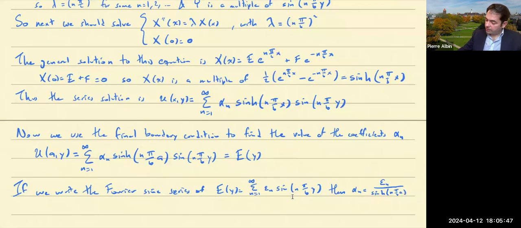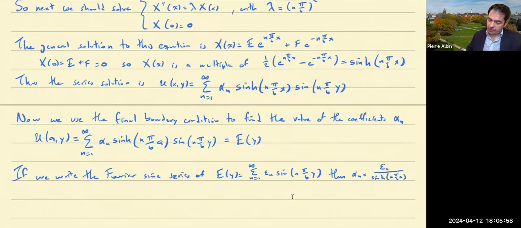Notice that since n pi a over b is positive, hyperbolic sine of that number is not equal to 0, so that makes sense.